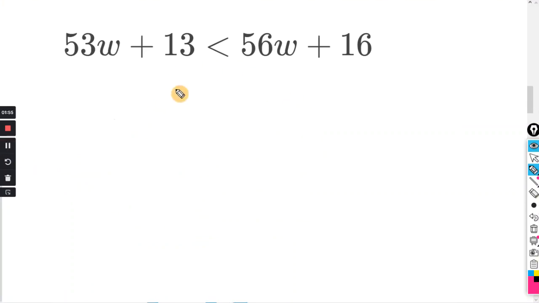Here's our first problem. When we have a variable on both sides, I typically subtract the smaller one, so I keep the coefficient on the variable positive. Since 53 is less than 56, I'm going to subtract 53W from both sides.